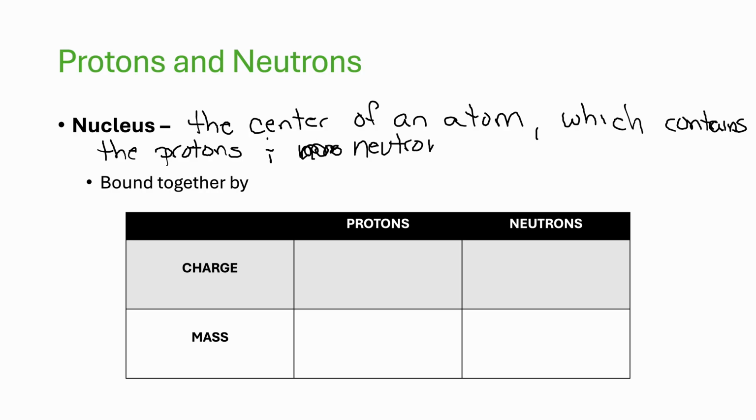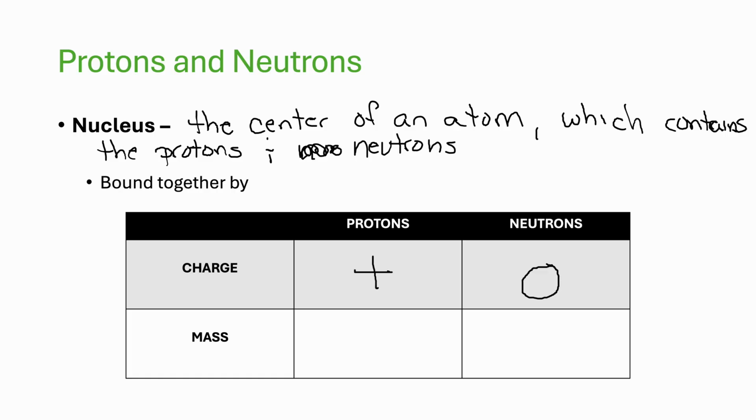So again, these two particles are found at the center, and they have about the same mass. So protons and neutrons are a much more massive object. So if we look at the charge, remember protons have a positive charge. Usually we indicate that as a +1, whereas neutrons have no charge, or neutral. They have a zero charge, right?